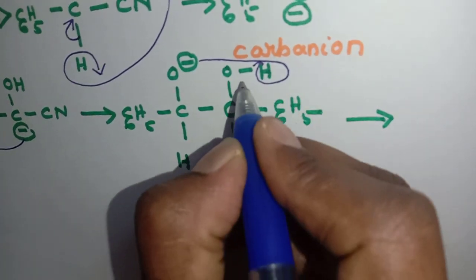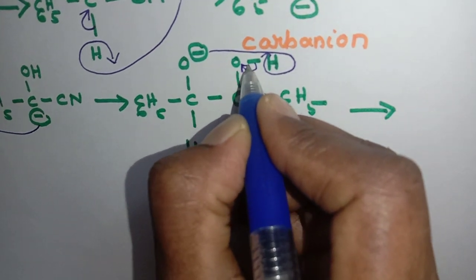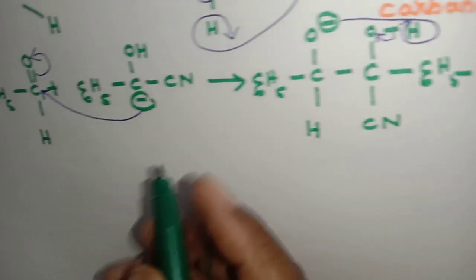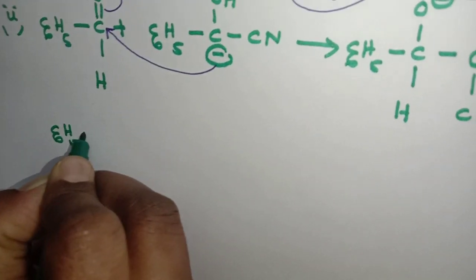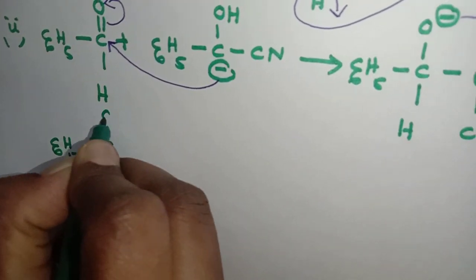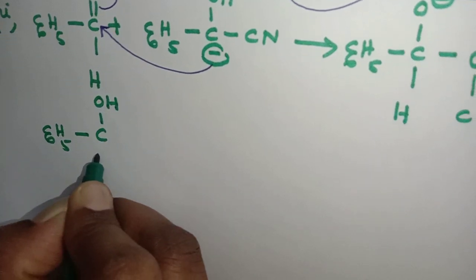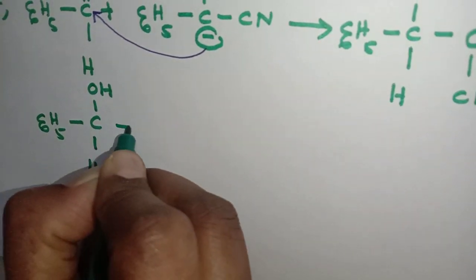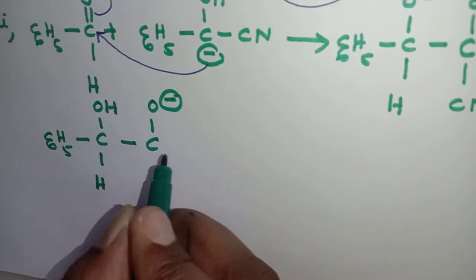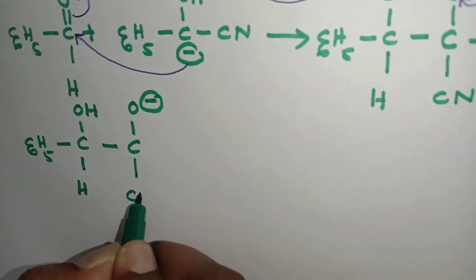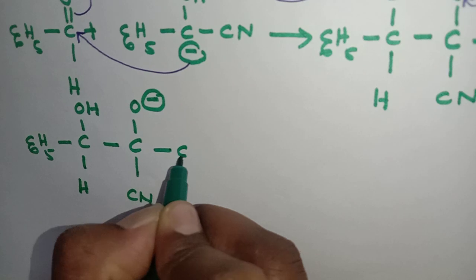Okay. And this bond shifts to oxygen. Okay. So thereby we get C6H5 C OH, here is hydrogen. Here C, O becomes now O minus. Here is CN. Here C6H5.